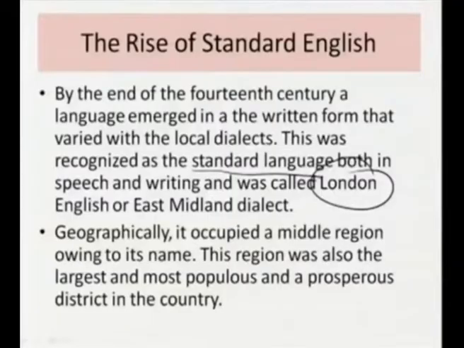And also this region was a vastly populated one, it was also a large one, and in terms of trade, or in terms of general prosperity, this region was the sort of hub, and perhaps for that reason, as many scholars would insist, this East Midland dialect or the London English became the standardized English or standard English.